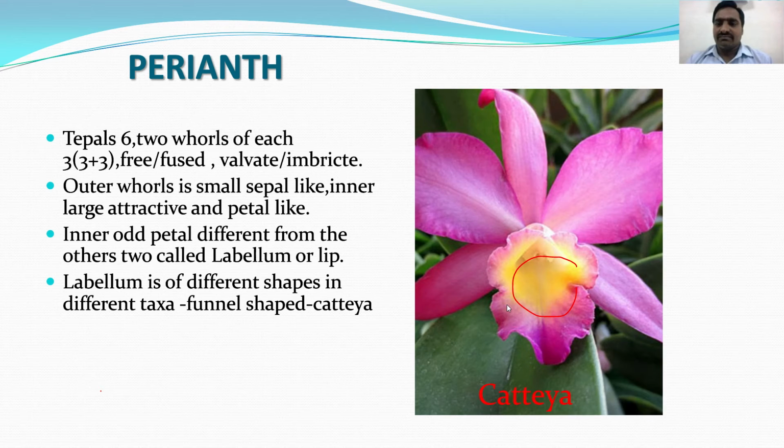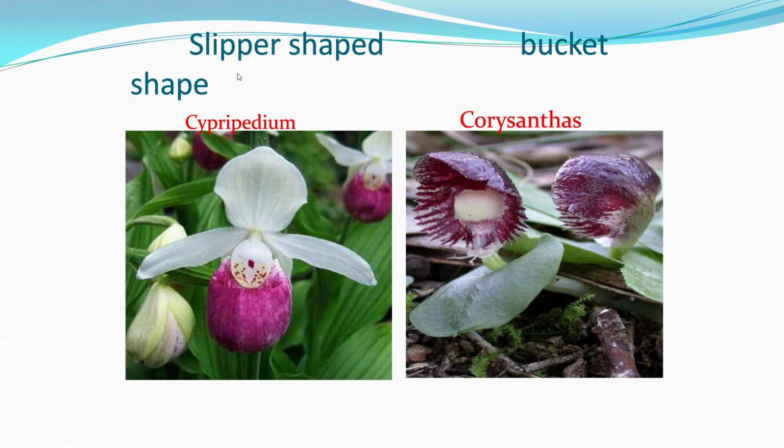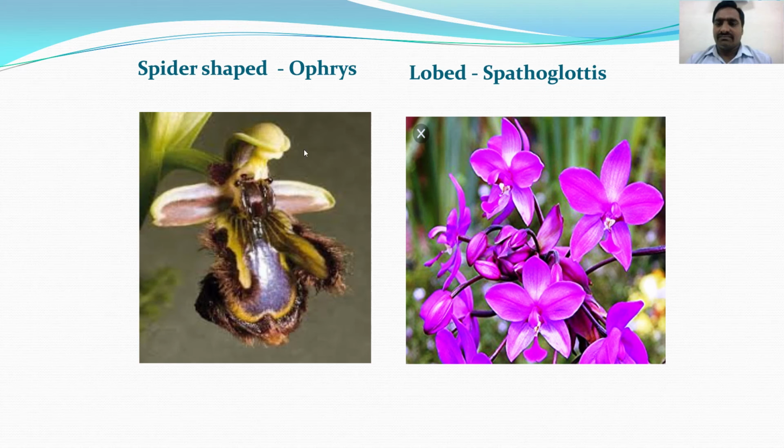This labellum has different shapes in different taxa. For example, funnel shape in Cattleya. You can see this is the Cattleya flower. In this Cattleya flower, the labellum is funnel shaped. And a slipper shape is present in Cypripedium. This is the slipper shape of the Cypripedium labellum. In Coryanthes, the labellum is bucket shaped.